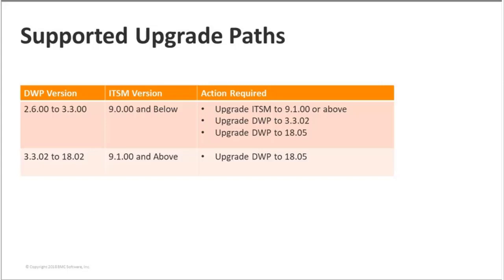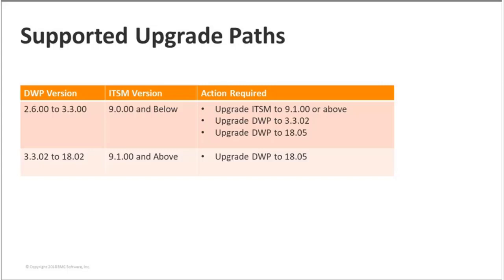Now the second upgrade path: if you're on any version between 3.3.02 and 18.02, you can do a direct upgrade to 18.05. At the same time, please note that your ITSM version also has to be 9.1 and above, because that's what Digital Workplace supports. So those are the two upgrade paths.